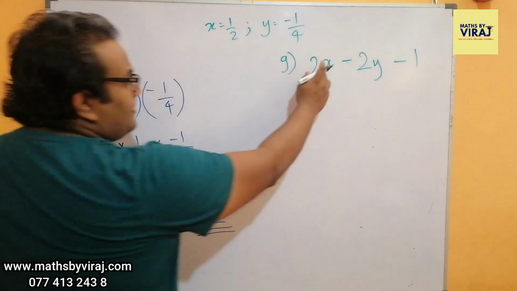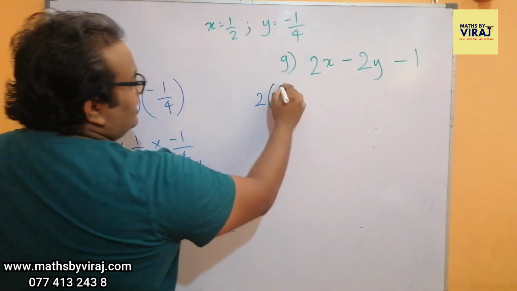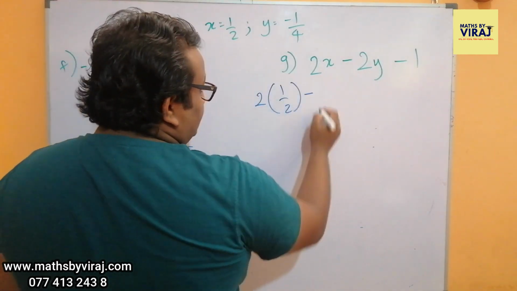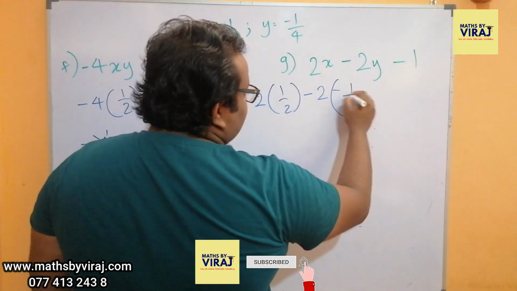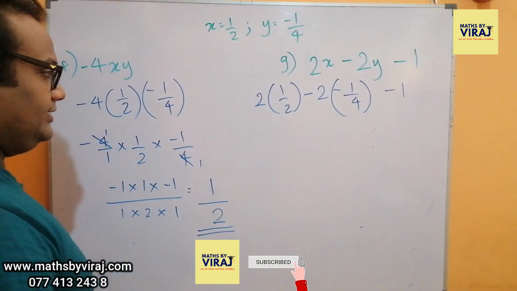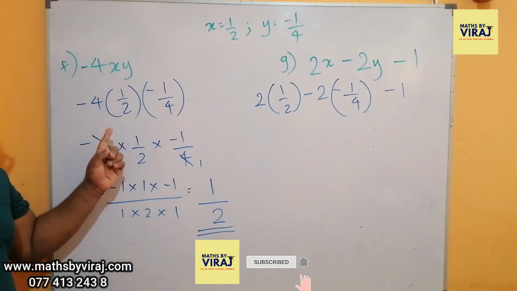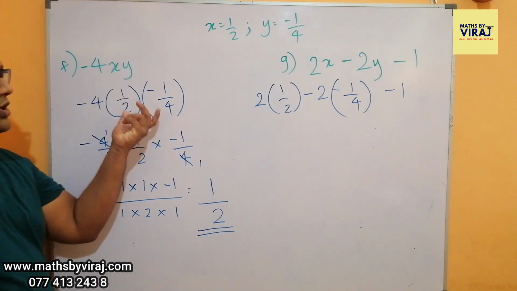Right, here again instead of x, what do we have? Half, minus 2 to be multiplied by minus 1/4, and from everything you subtract 1. Unlike in here, we have minus 4, x and y all multiplied together.